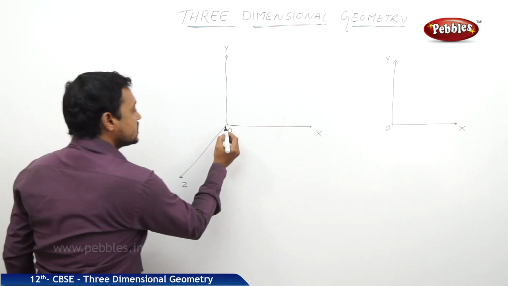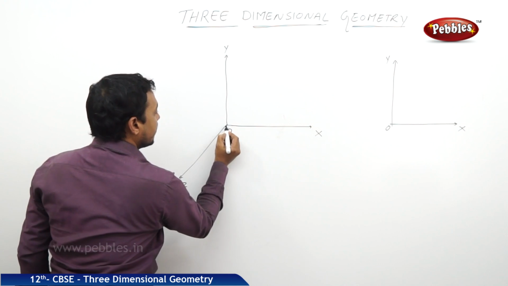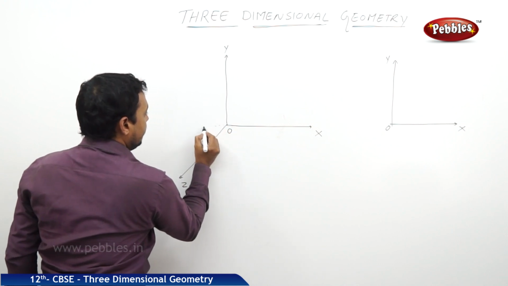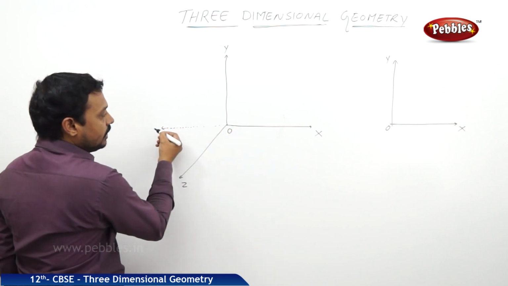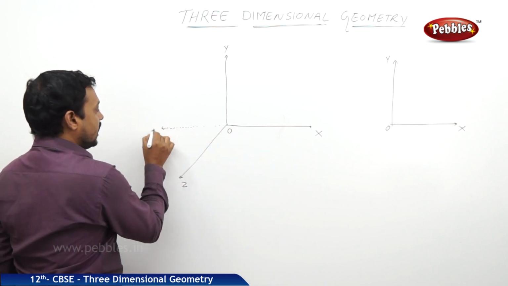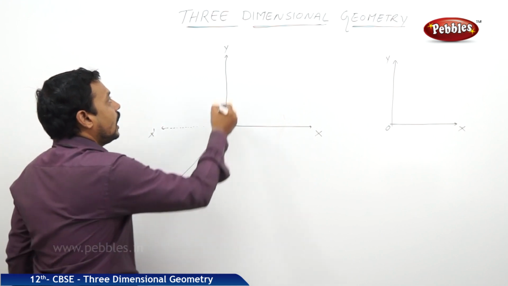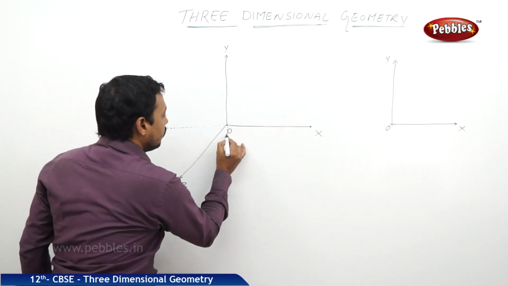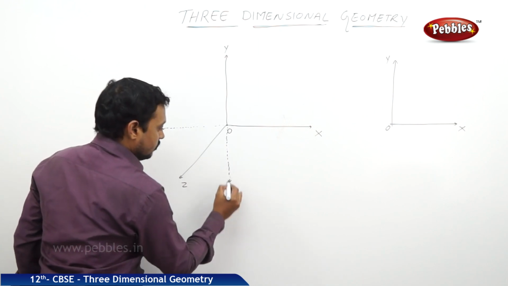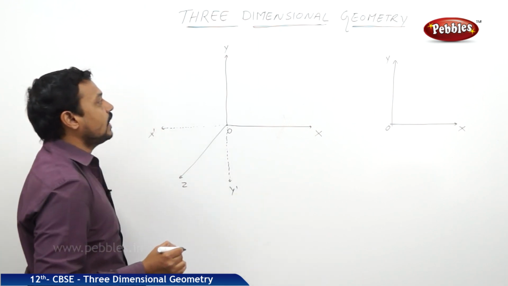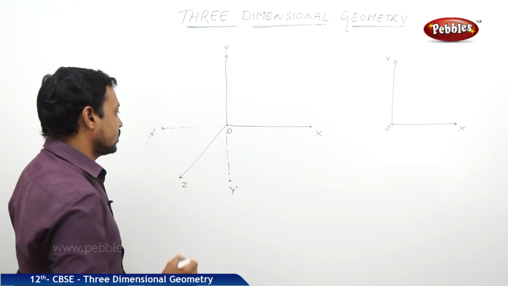Now, further extension of these three coordinate axes: when we extend the x-axis like this, it is the negative direction of the x-axis, known as x dash. If we take the y-axis downward, this is the negative y-axis, or y dash.